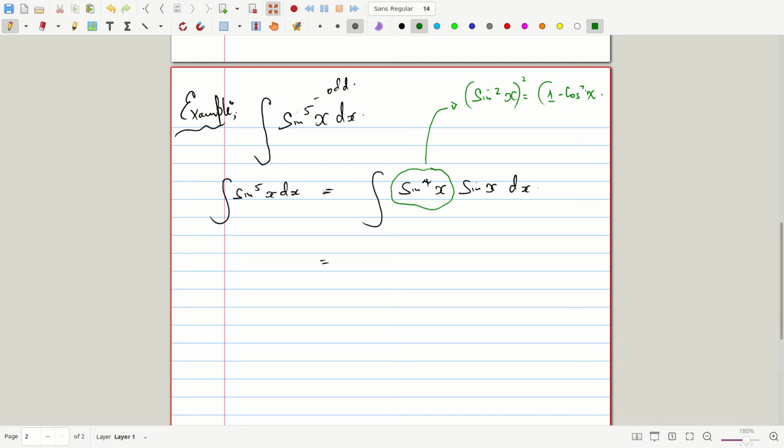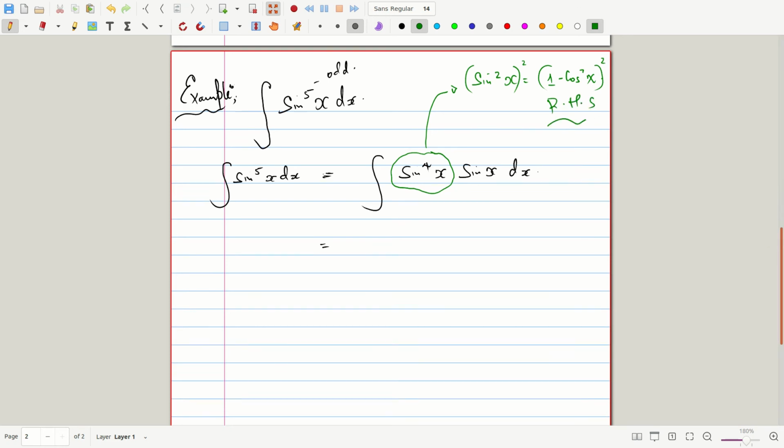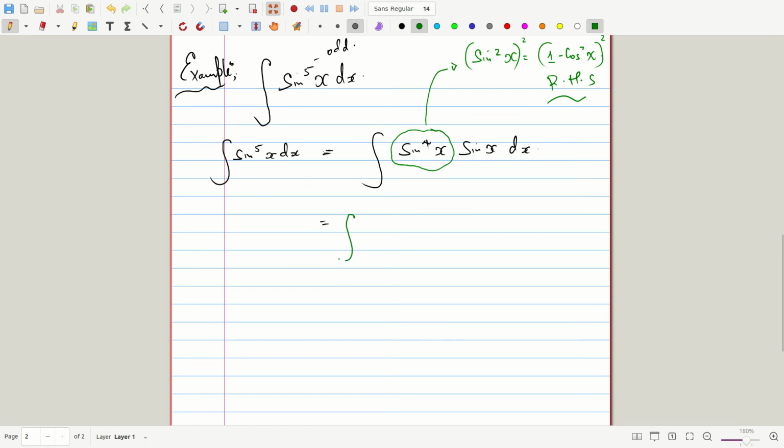I know we can expand the right hand side very easily. If we expand that quickly, I hope I don't make a mistake. If I make a mistake, you can always put it in the comment section. This is going to be 1 minus 2 cos squared x plus cos to the power 4 x. Yes, if no mistake, that is what we should have.